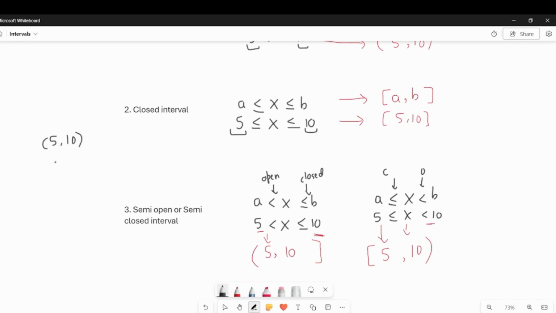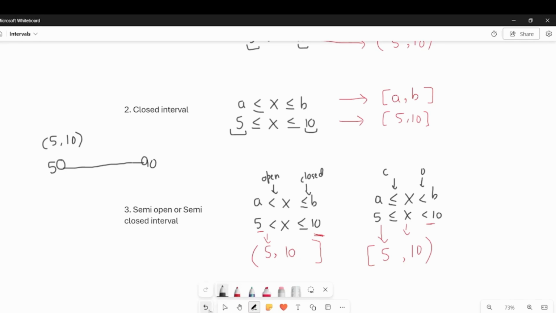We consider 5 and 10, and we know that all the values between 5 and 10 are included, but 5 and 10 will not be included. So we will put a hollow circle above 5 and 10.